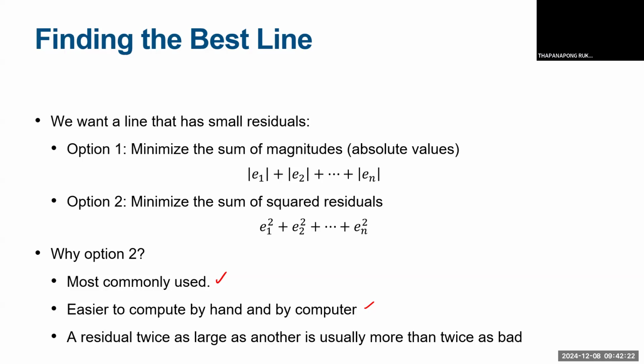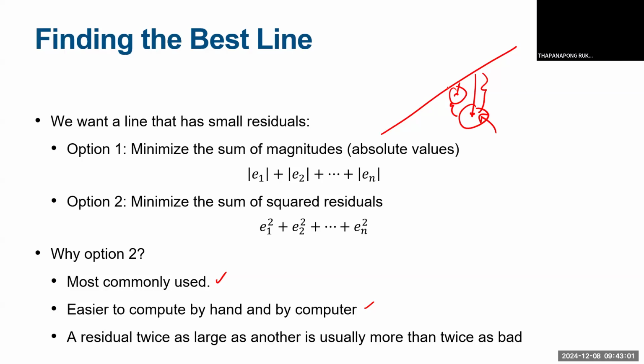The difference is twice, but the squared penalty is not just twice. So we want to penalize the points that are far from the line more than the points that are close, because we want to capture outliers.